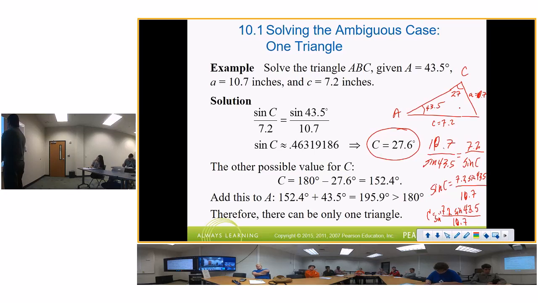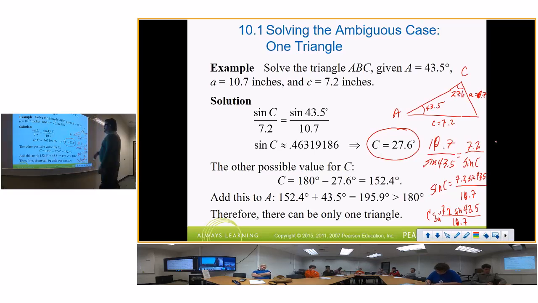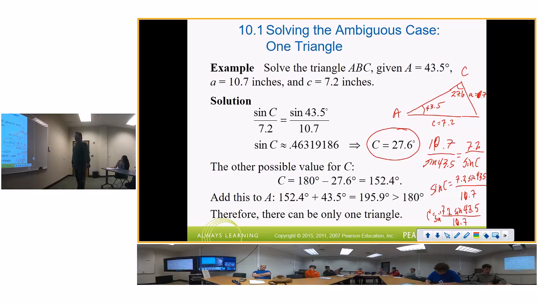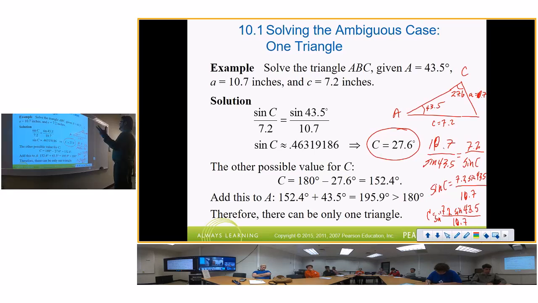You can find angle B, and you can find side B. So I can go ahead and find that. So 27.6, 70.1 or 71.1? 71.1. 71.1 to give you 128.9.